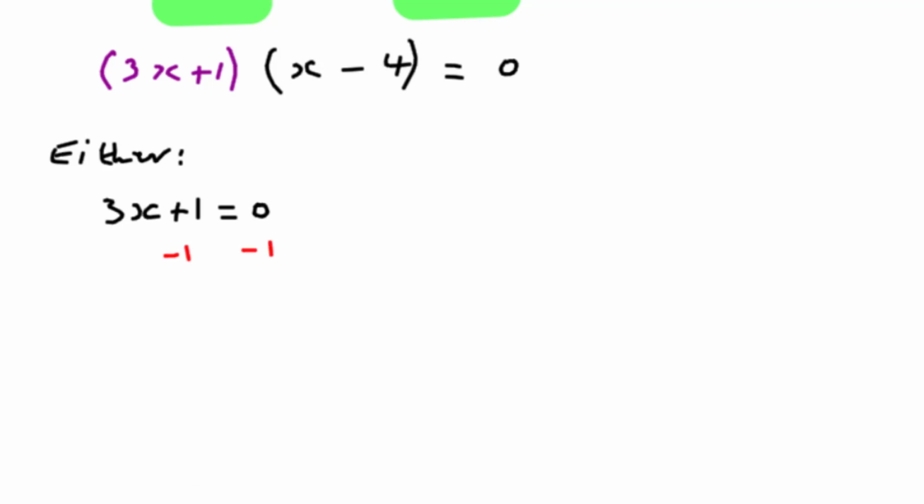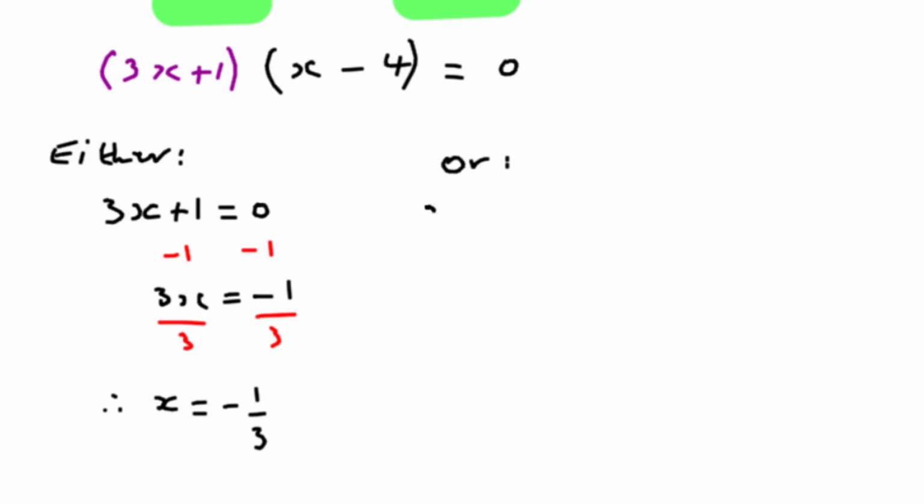You do the opposite, minus 1 on both sides to keep the balance, which gives us 3x equals minus 1. Times by 3, the opposite is divide by 3. Whatever we do to one side, we do to the other side to keep the balance, and that gives us the first root, or the first solution, x equals minus 1 over 3, or minus a third.